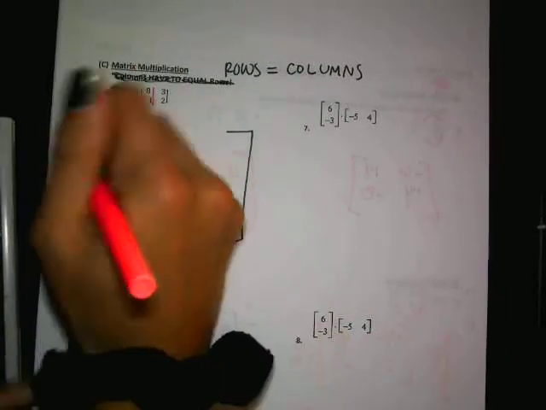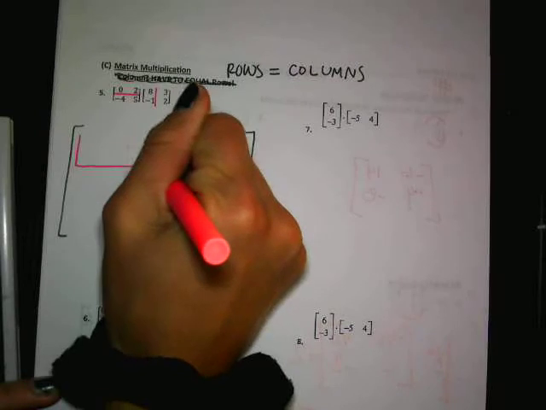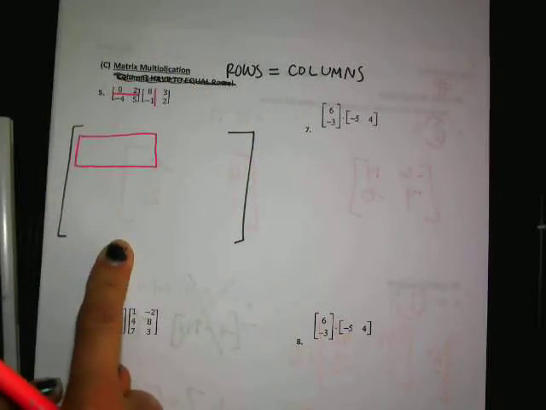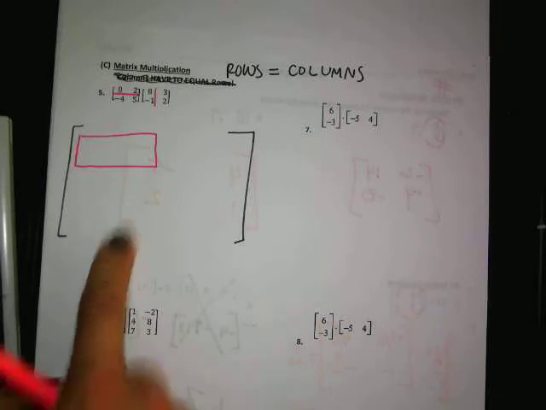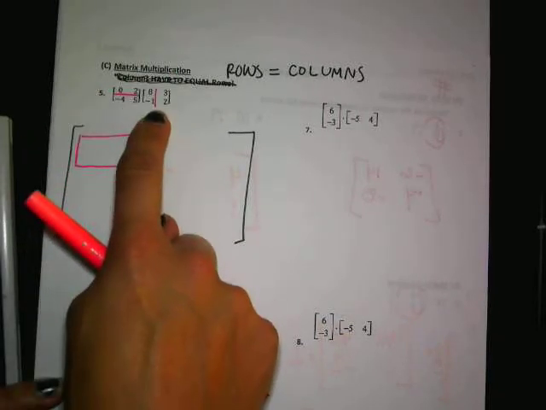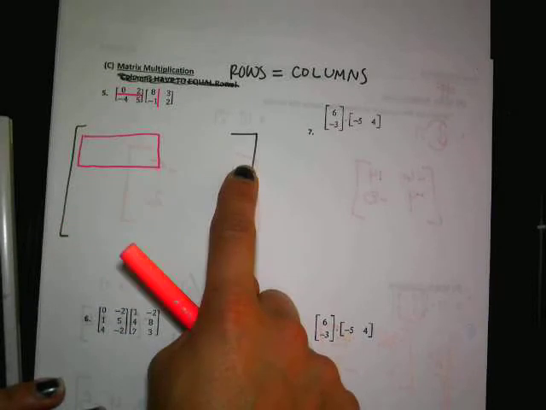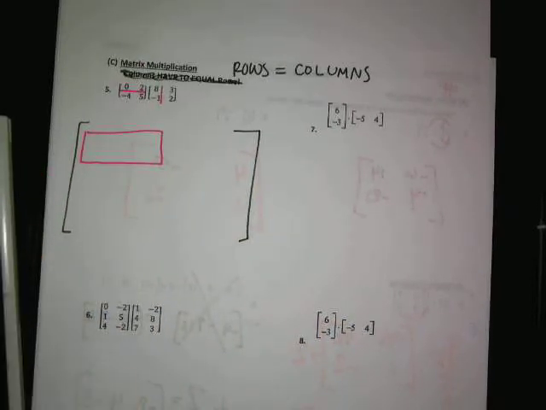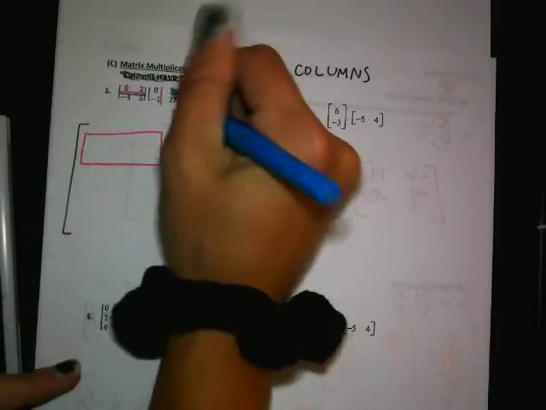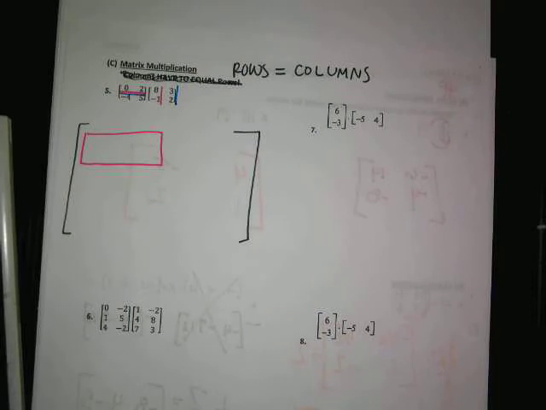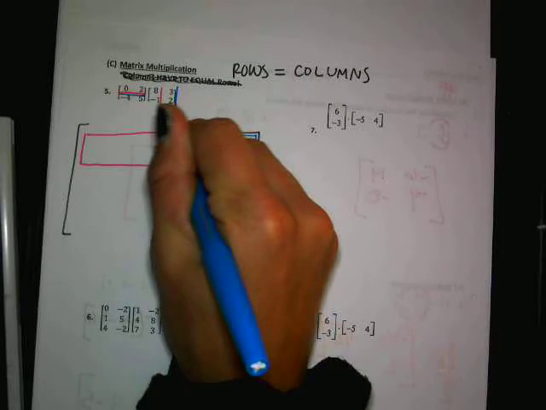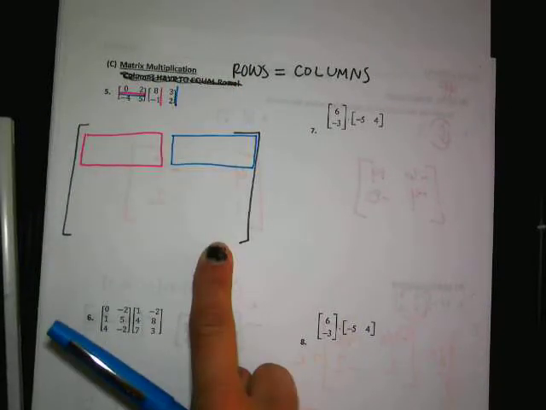So that's going to give me the number in the first row, first column. Does that make sense? So first row, first column will give me the answer of first row, first column. Okay. First row, second column will give me the number that's going in the first row, second column.